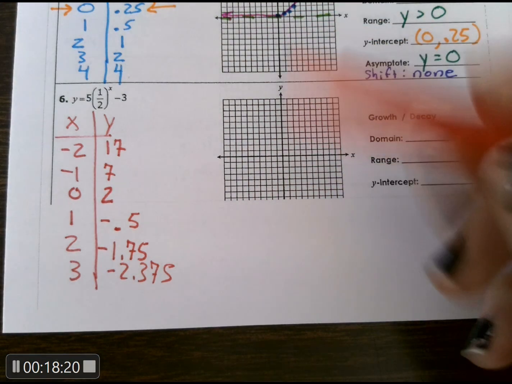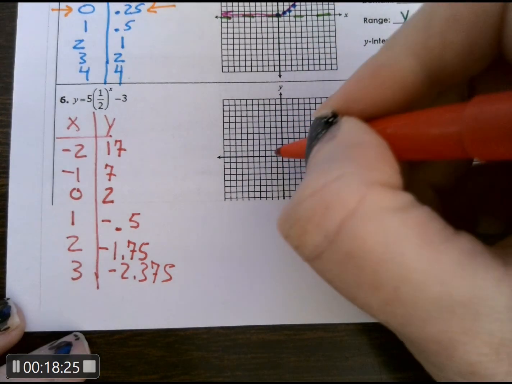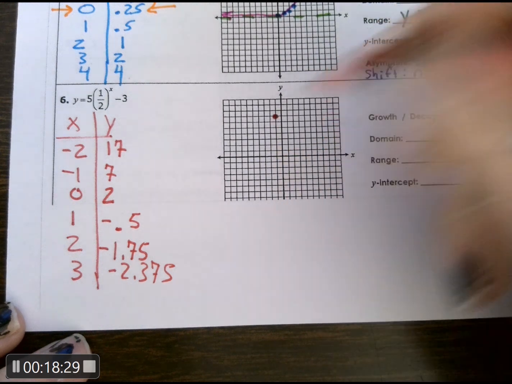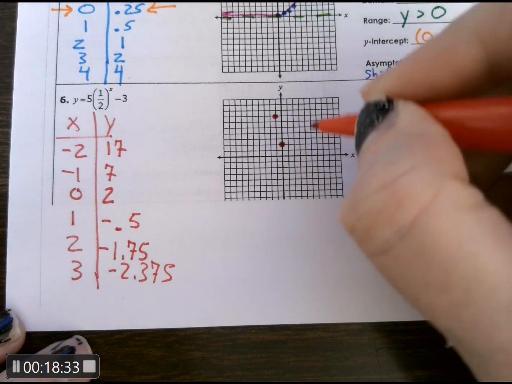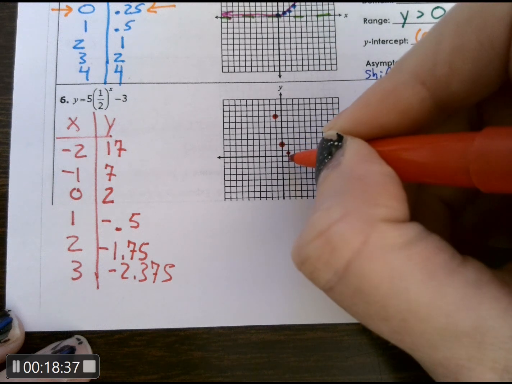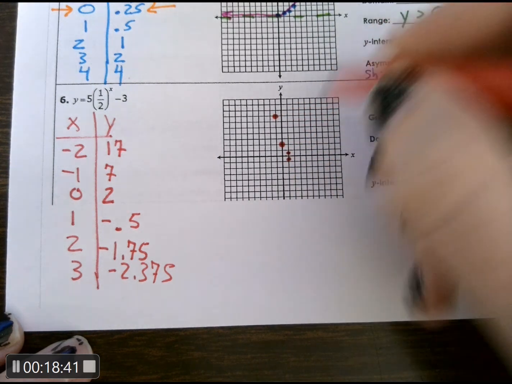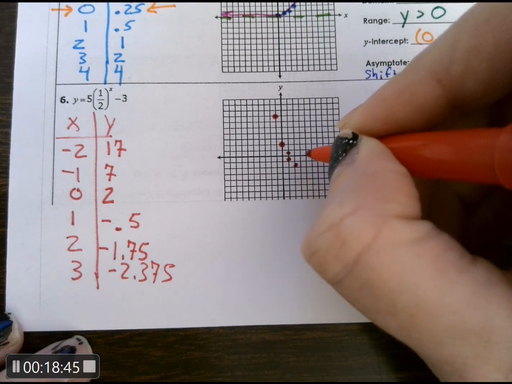So negative 2, 17 is too big, but negative 1, 7 is just fine, and then 0, 2. And then 1, that was negative 0.5, wasn't it? And then 2, negative 1.75.